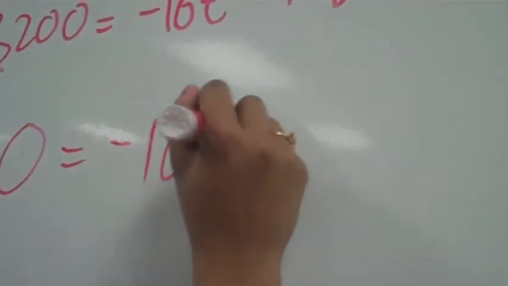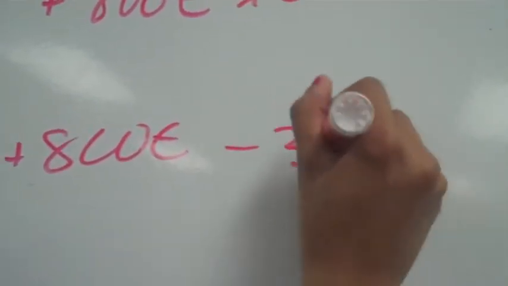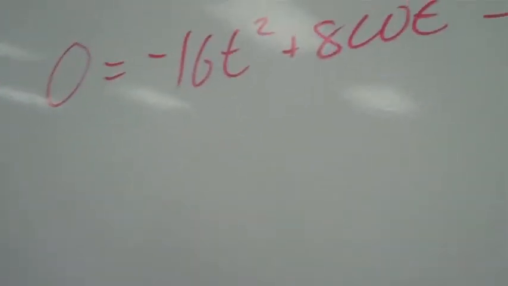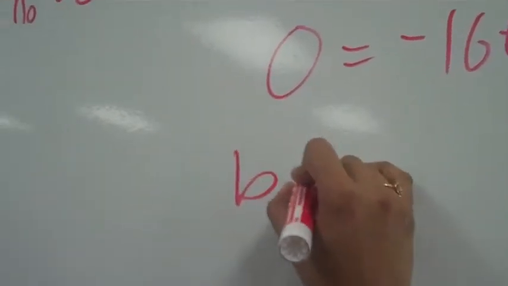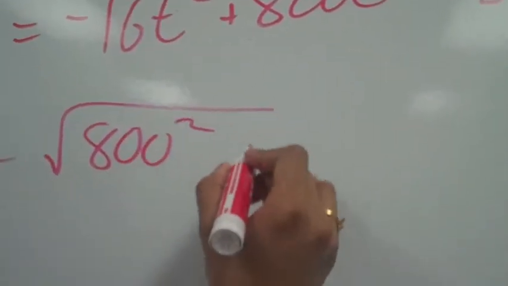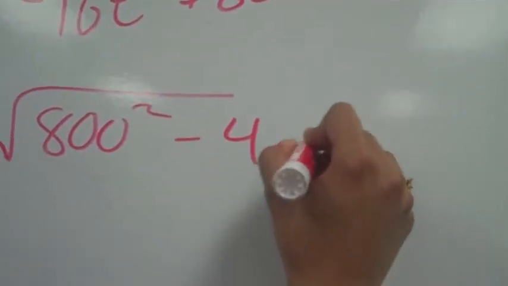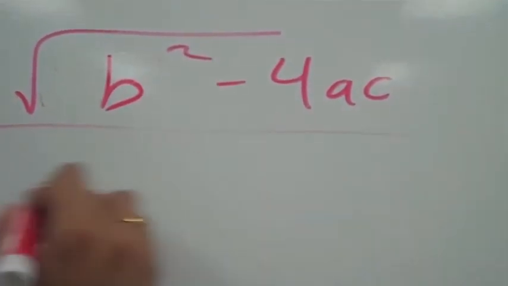And then we would just make it equal to 0, so it's going to be negative 16t squared plus 800t minus 3,200. And then we would use the quadratic formula: negative b plus or minus the square root of b squared minus 4ac, all over 2a.